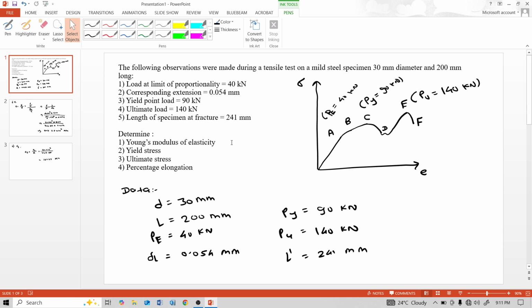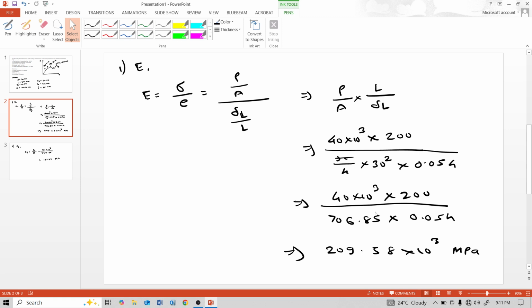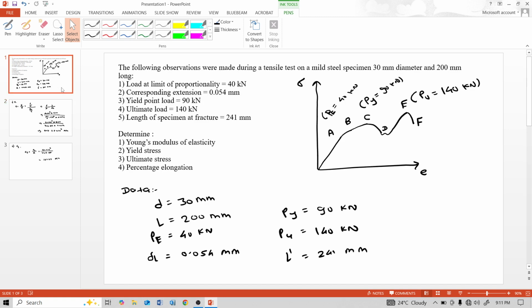Next, calculate ultimate stress. Similarly to yield stress, ultimate stress is ultimate load upon area, and the load at this point E, the ultimate load point, Pu, is 140 kilonewton.